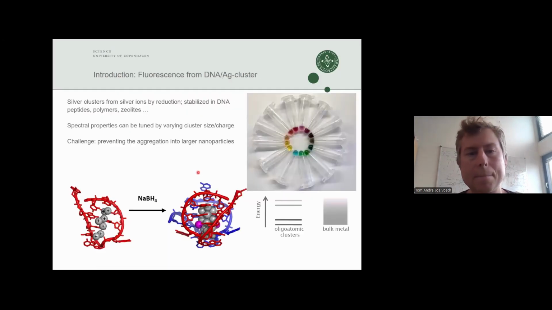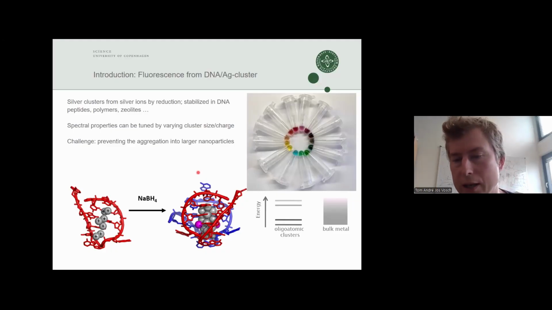And so how can we conceptually understand that small silver clusters can be fluorescent? Well, if we go from the atom to the bulk metal level, then the properties can change quite drastically.